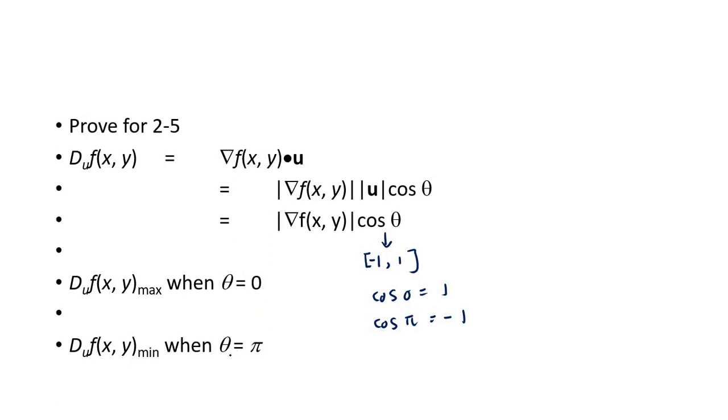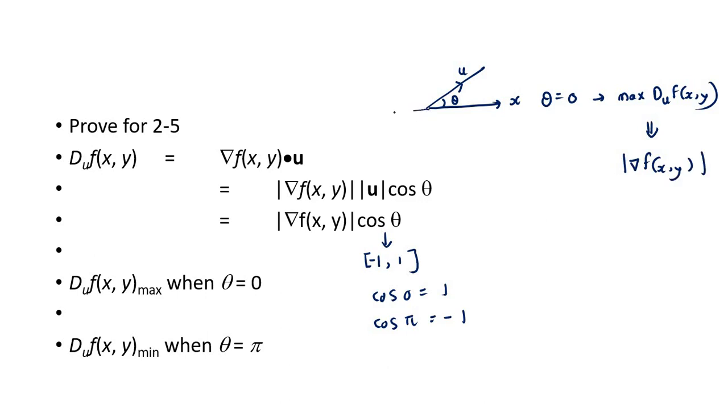The minimum happens when theta equals pi. Initially, this one is u and this is theta. Theta equal to 0 gives the maximum directional derivative, where the magnitude is given by the magnitude of the gradient vector.